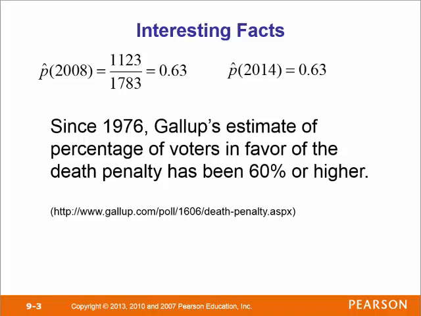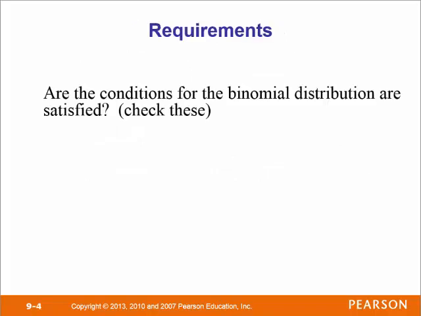All right, so our next question is, are the conditions for the normal approximation to the binomial distribution satisfied? First we check n times p hat, and we can see that that's 630, which is clearly greater than or equal to 5, and then we check n times q hat.